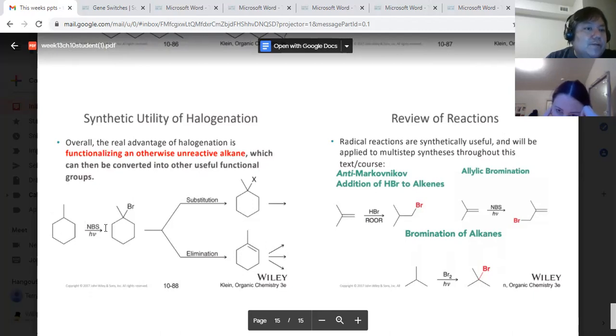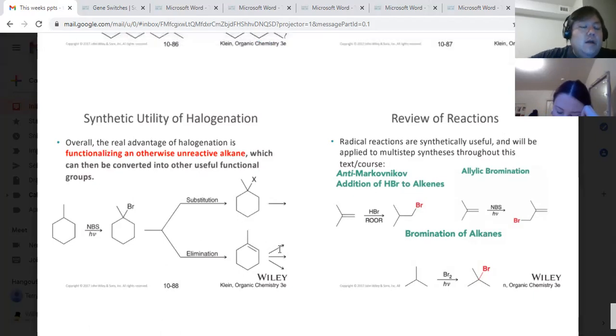This would be your recommended first step. It has to be some type of radical halogenation. And then once you put this bromine on, you can do substitution reactions, you can do eliminations, and you can do additions. When you get to your second semester of organic chemistry, I know you're super excited about it, and you have to do synthesis problems, and you start with an alkane, this NBS and light is your go-to step all day, every day.